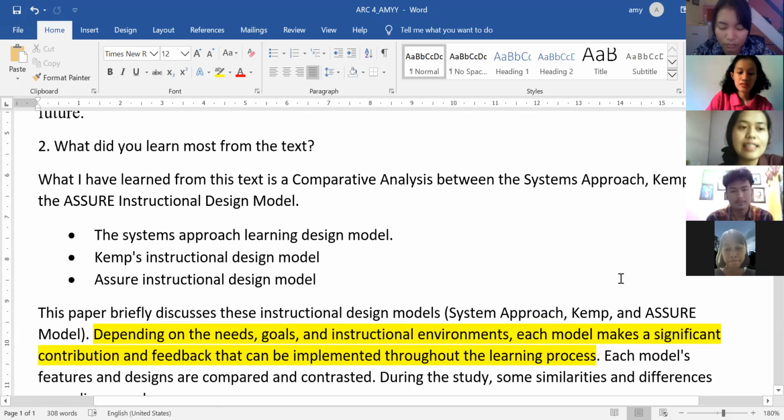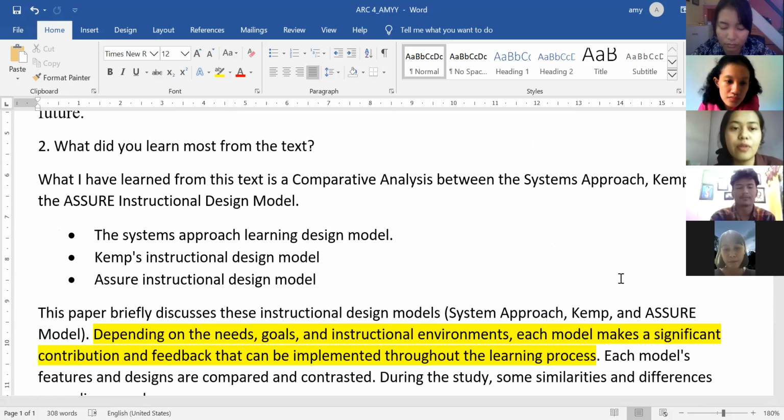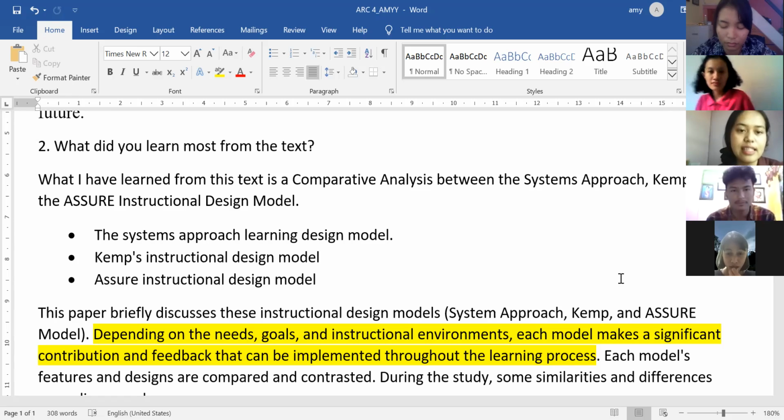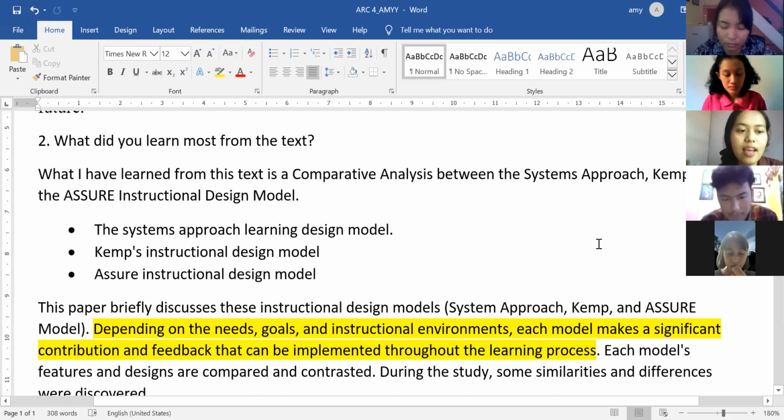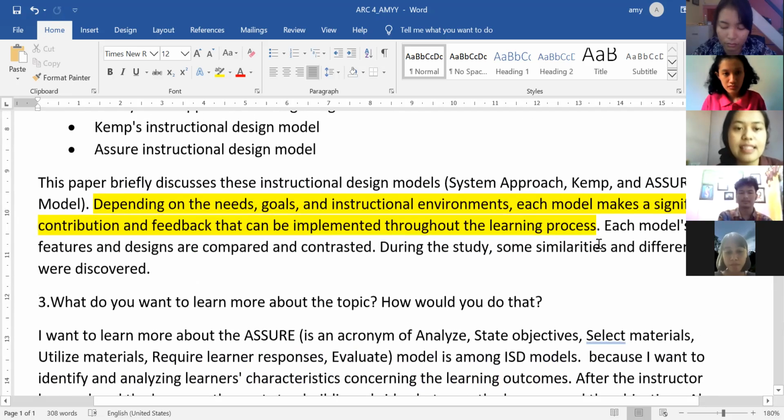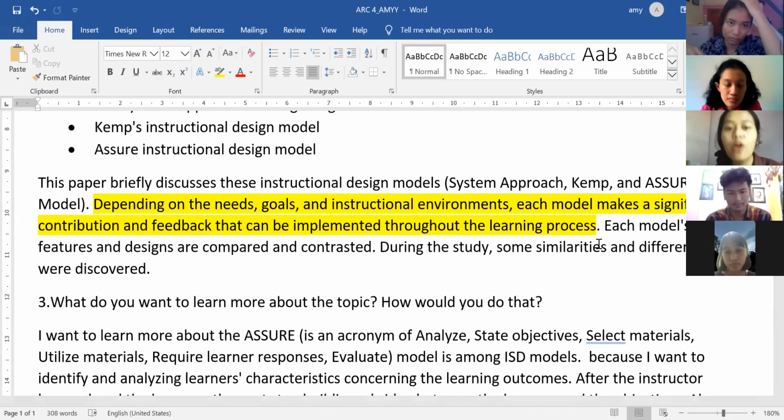The second question is, what did you learn most from the text? What I have learned from this text is a comparative analysis between the systems approach, ADDIE, and the ASSURE instructional design models. In this paper, it briefly discusses these instructional design models, depending on the needs, goal, and instructional environments.